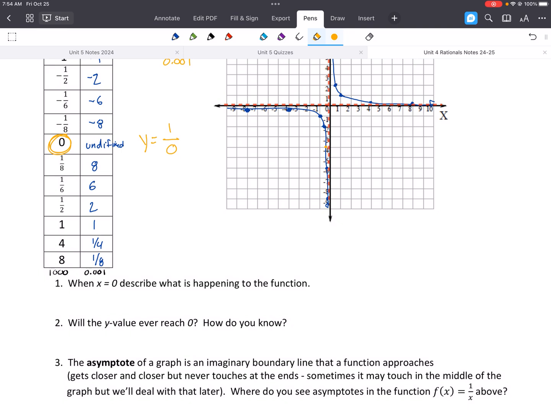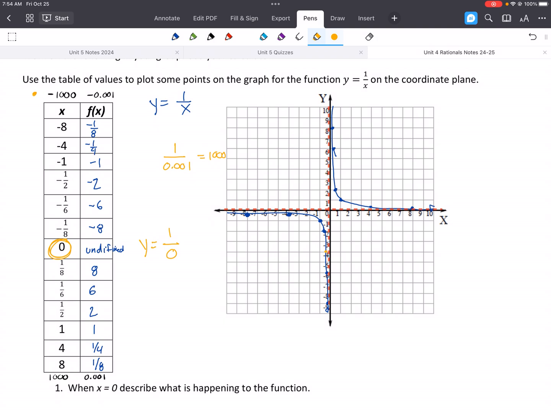It should end up giving you an error. Why? Because you can't divide by 0. 1 can go into 1, or 2 could go into 1, but you can't divide by 0, and that will give you an error. So that's why as we get closer and closer to 0, the y values get higher and higher, but the graph will never, ever cross that y-axis.